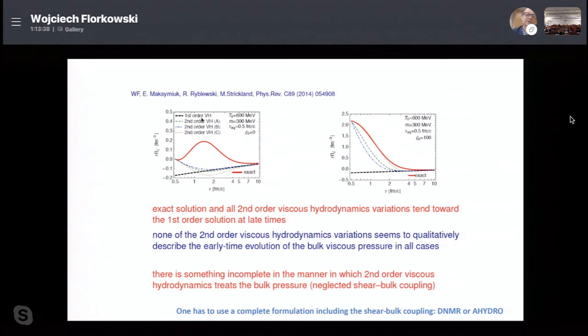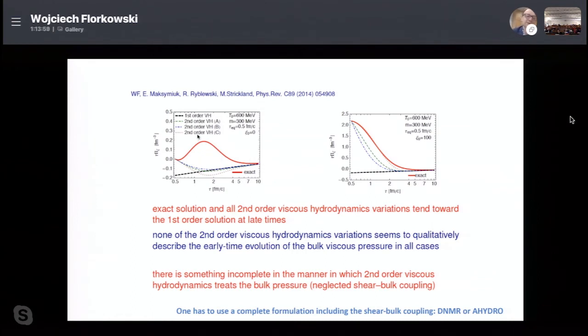First-order hydrodynamics, the Navier-Stokes theory, is described by the dashed line. After a long evolution, bulk pressure really approaches the Navier-Stokes regime, which I think is correct and expected.